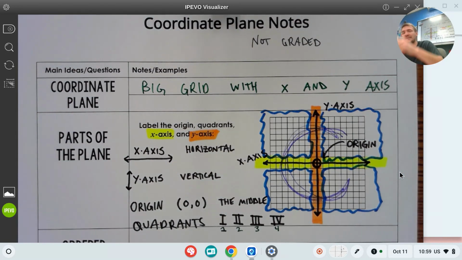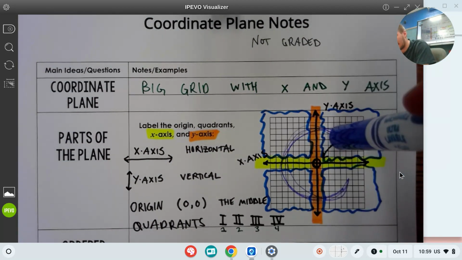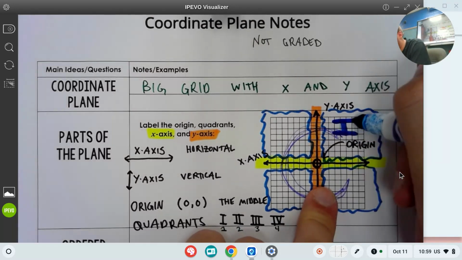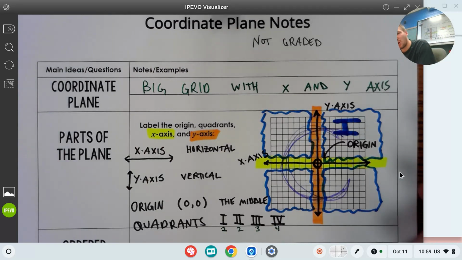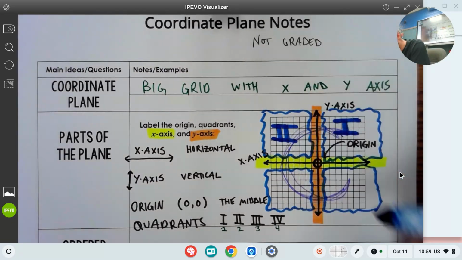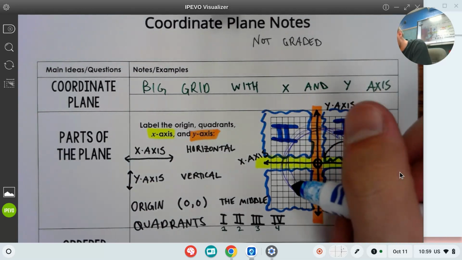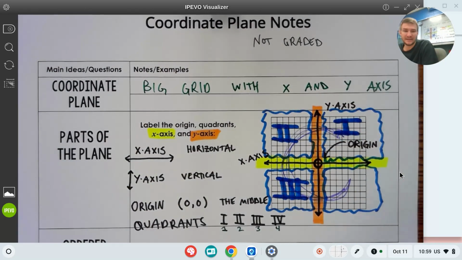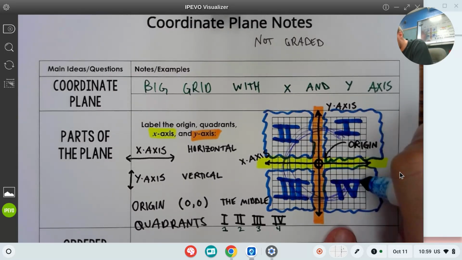When you put your pencil down, it goes in the top right. That is quadrant 1. And then you draw the C. What's up next? Quadrant 2. After quadrant 2, quadrant 3. And after quadrant 3, how do you write a 4 in Roman numerals? IV.